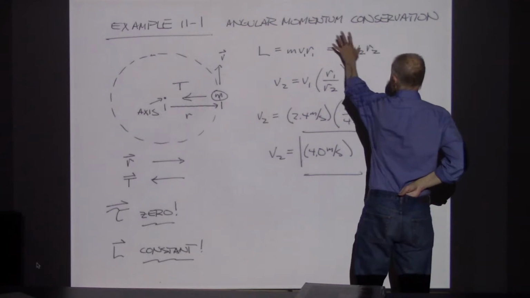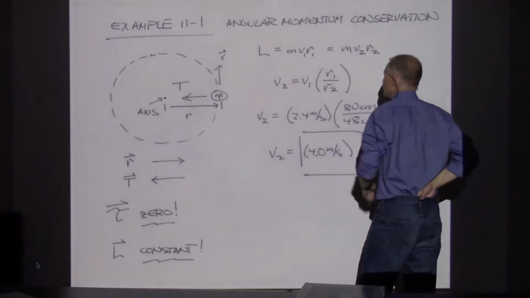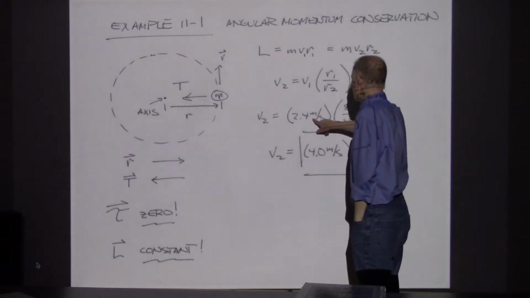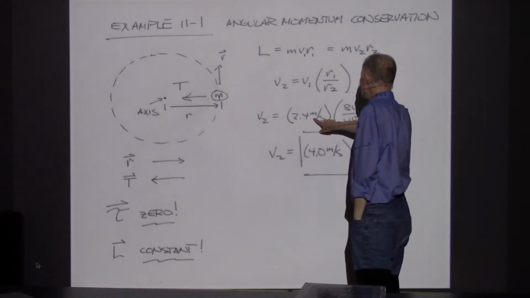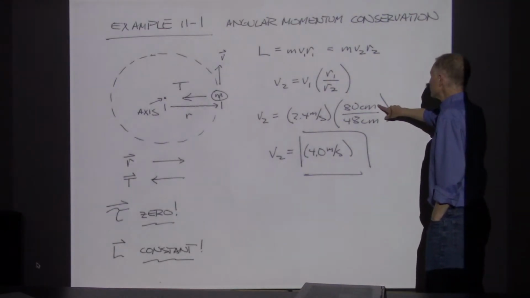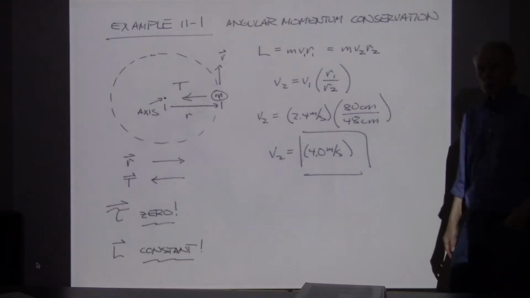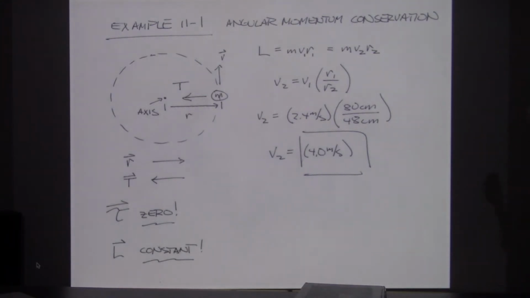Now, we've factored out the m's and we just said v2 equals v1 times r1 over r2. This was given as 2.4 meters per second. And then these were the distances. The original distance was 80 centimeters. That is getting shortened to 48 centimeters. And from that, we can solve for velocity 2.